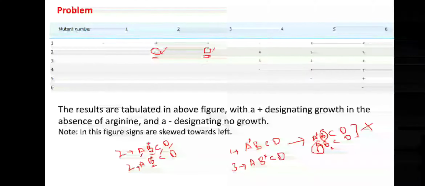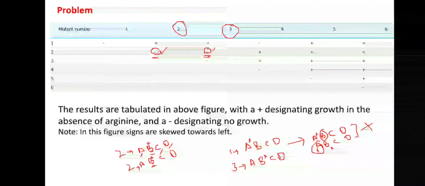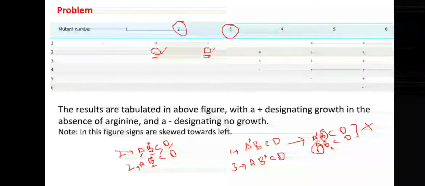So this means that the second mutant that you generated and the third mutant that you generated are the same mutants, because they have the mutation in the same gene.